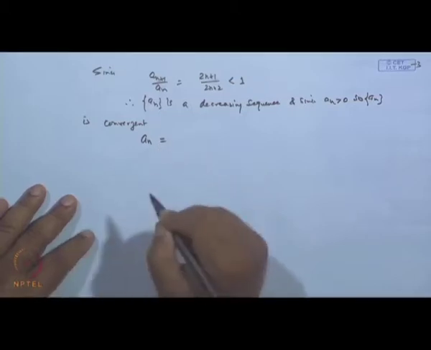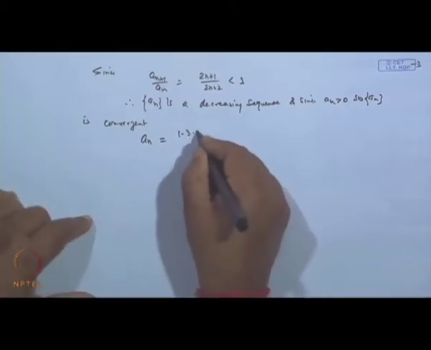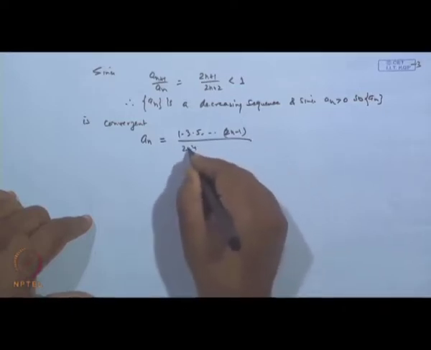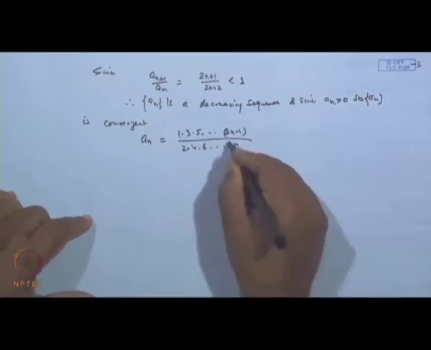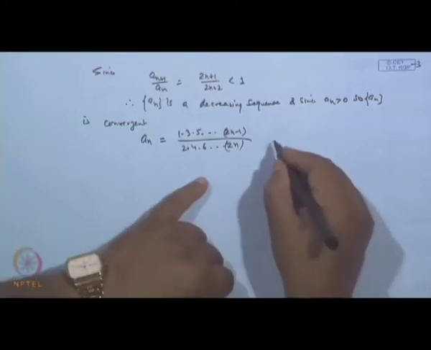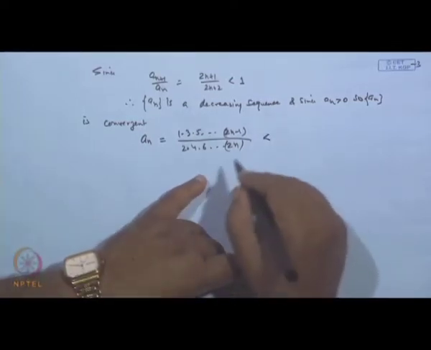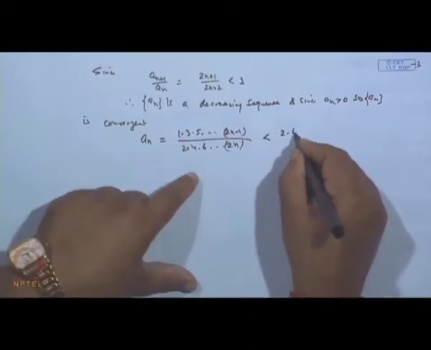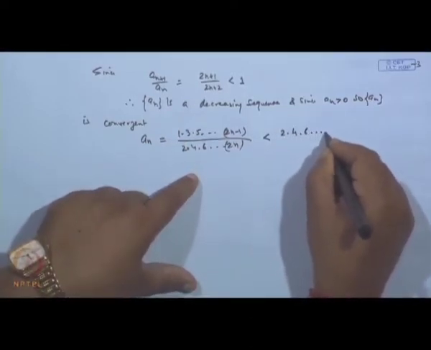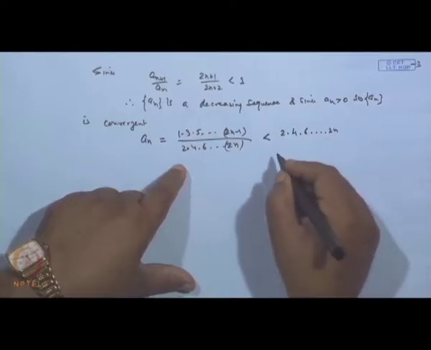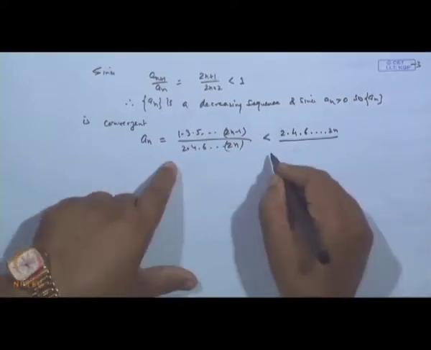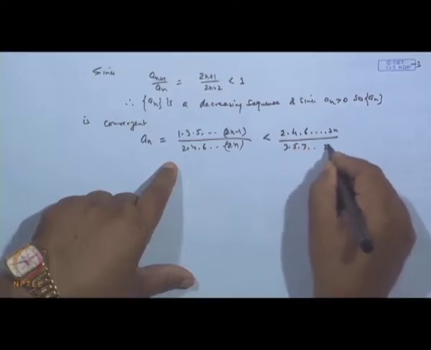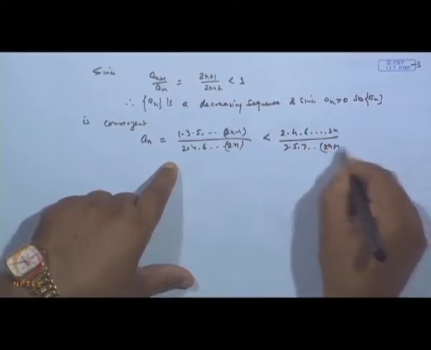What is a n? a n was 1, 3, 5, up to 2n minus 1, over 2, 4, 6, up to 2n. Now, can you not say it is less than 2, 3, 4, 5, 6 up to 2n, and in this part I am just increasing 3, 5, 7, up to 2n plus 1.